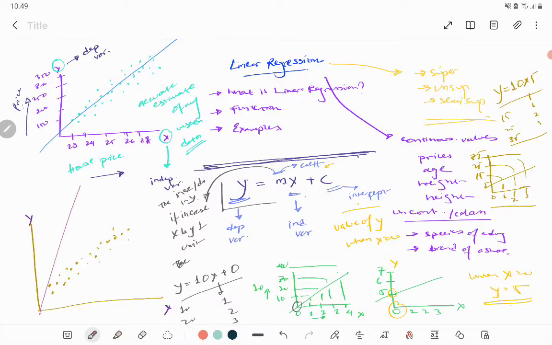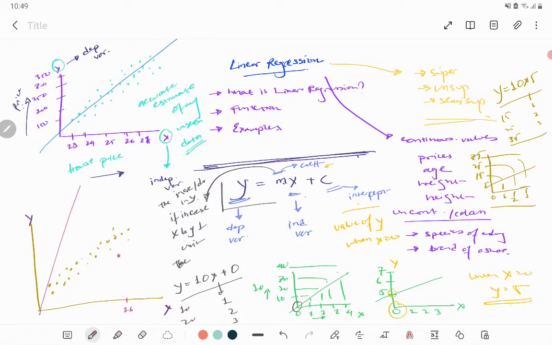So obviously, as you can see, let's say I have this house pricing data, and let's say I have something like 26 over here, and this is the point I'm trying to classify.